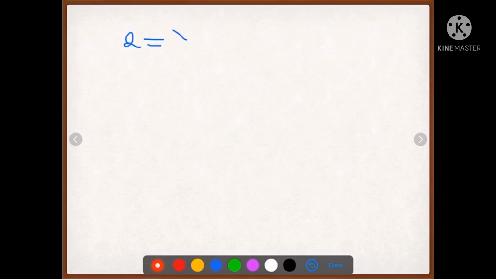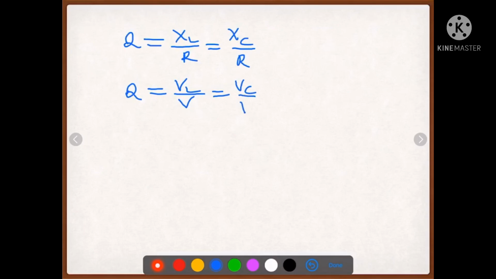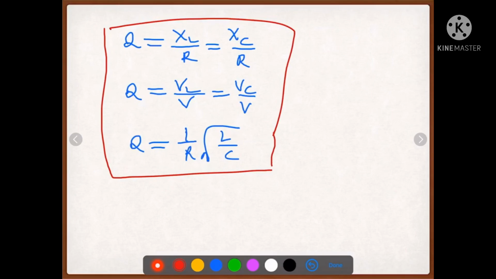That was a very common formula, that is XL by R or XC by R. Then we specifically learned the formula for a series circuit, that is VL by V or VC by V. Then we derived a formula for quality factor, that is 1 upon R times root of L by C. So these are the three formulas which we have learned in this video, and we have learned that bandwidth is inversely proportional to Q and directly proportional to the resonant frequency.